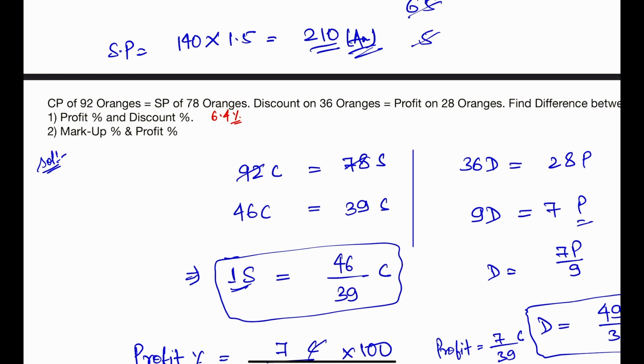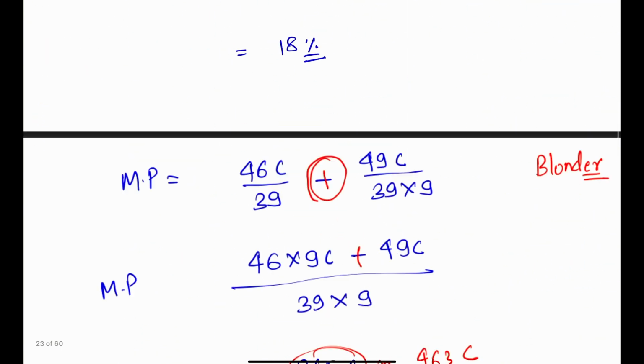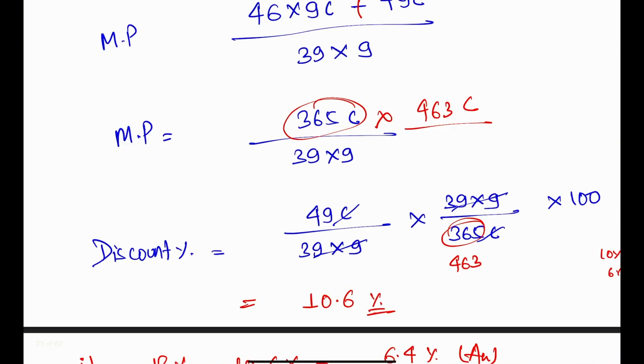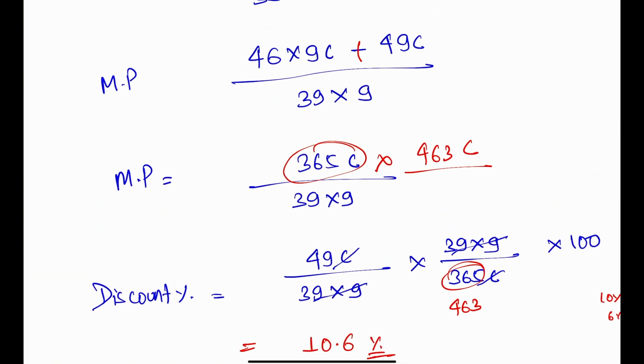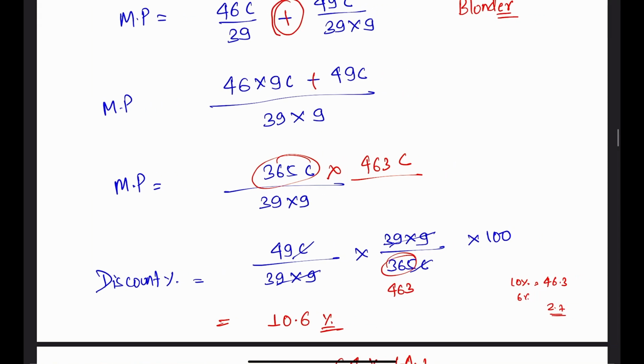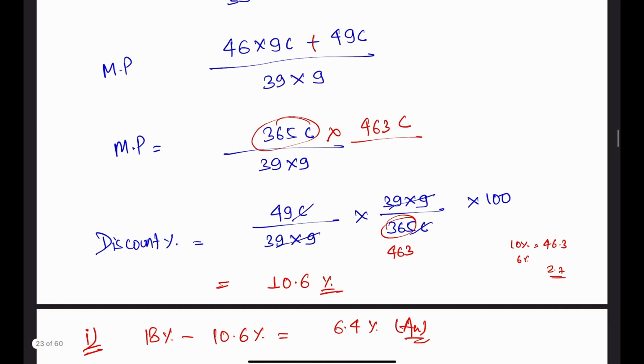6.4%. Markup price and profit. So the second question will be markup percentage. How much markup is done? So the markup percentage is done on the profit, right?